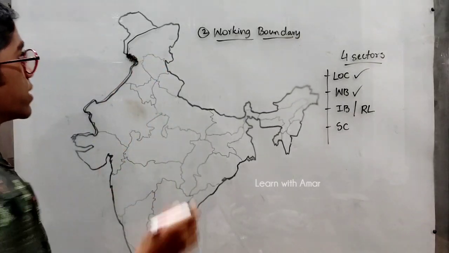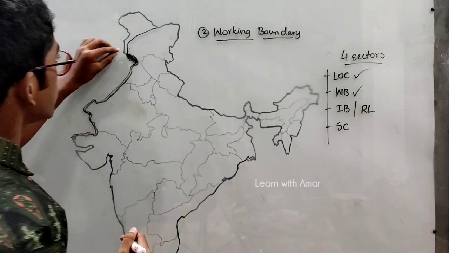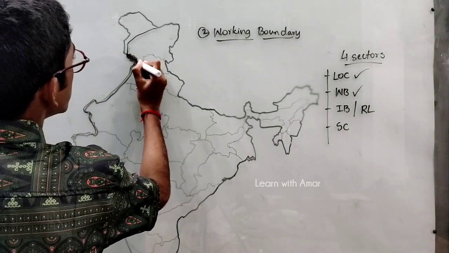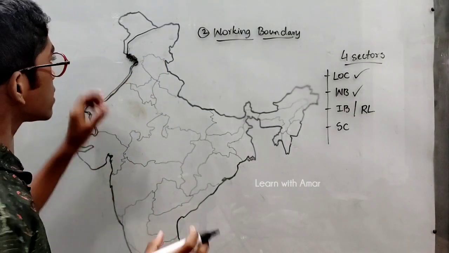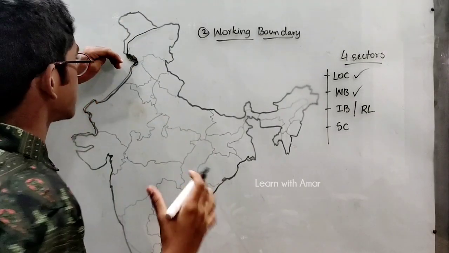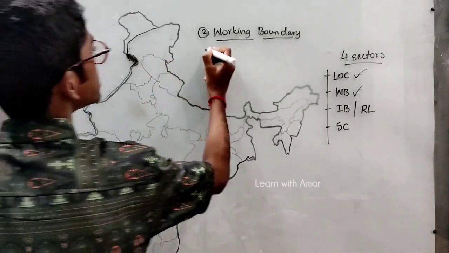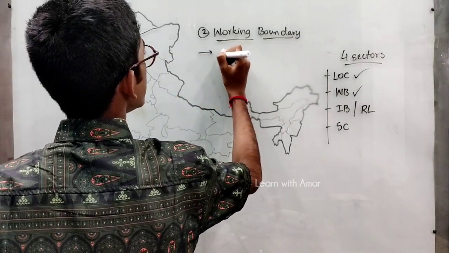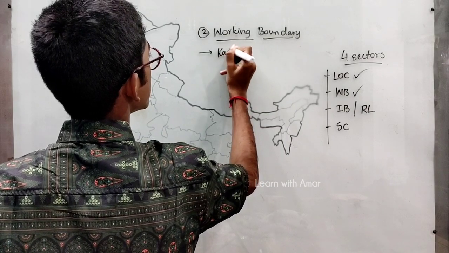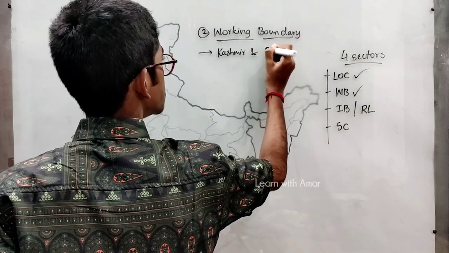We know that this is LOC, and from the continuation of LOC from here to the end of Kashmir, Kashmir sharing the border with Pakistan, up to here, it does not include Punjab. This is the border between Kashmir of India, of course, and Punjab.